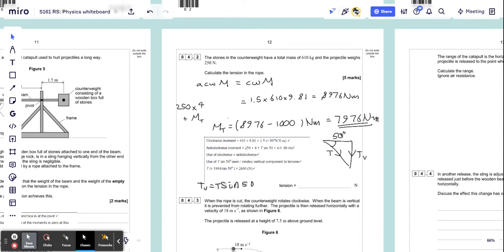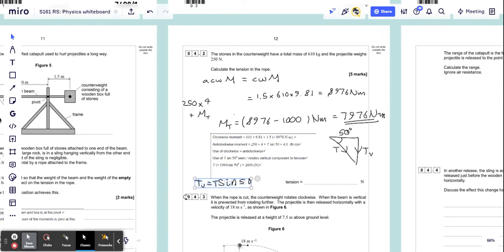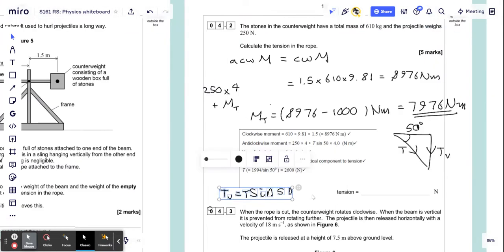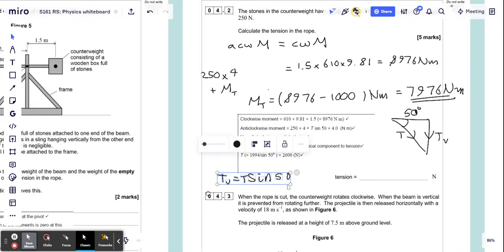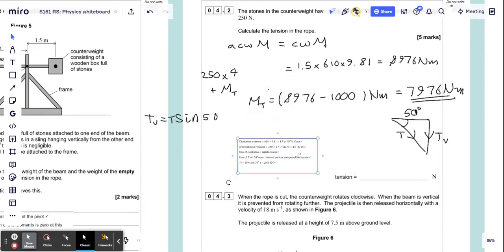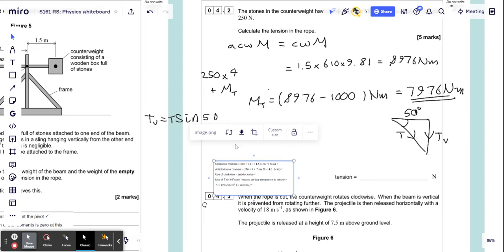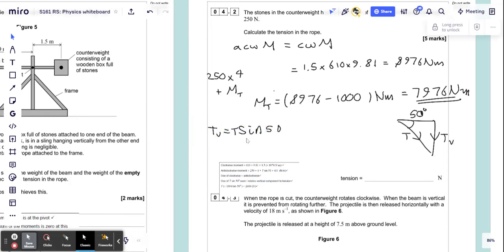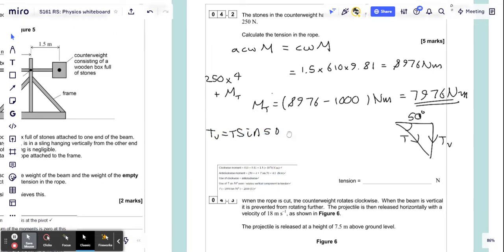And so it's the vertical component, which we would then multiply by the distance from the pivot, which is also 4 meters. I'm running out of space here, so I'm just going to move a few things around. The vertical component of the force due to that moment is going to be this.